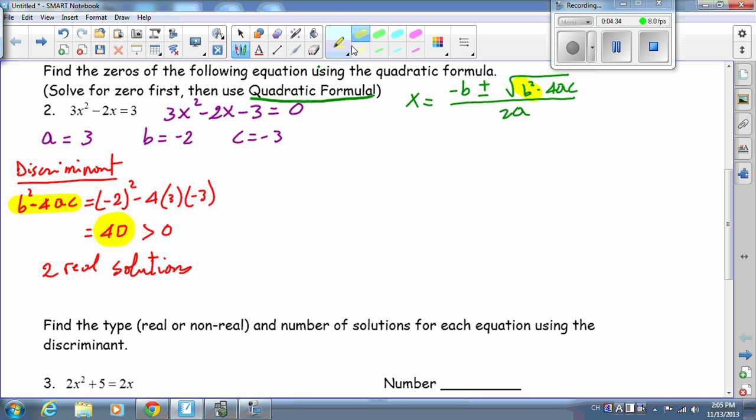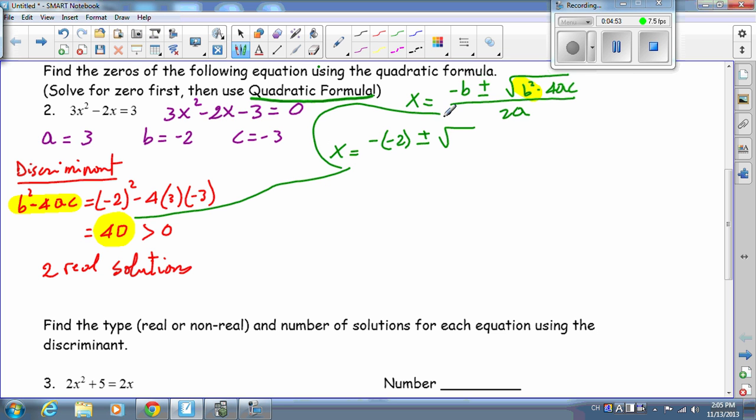So I will go ahead and rewrite it, and this time I will say x is equal to negative b, which will be the negative of negative 2. I still have my plus and minus. Instead of writing all the b squared minus 4ac, I can take this one and replace it in here and write 40 over 2a, meaning 2 times 3.